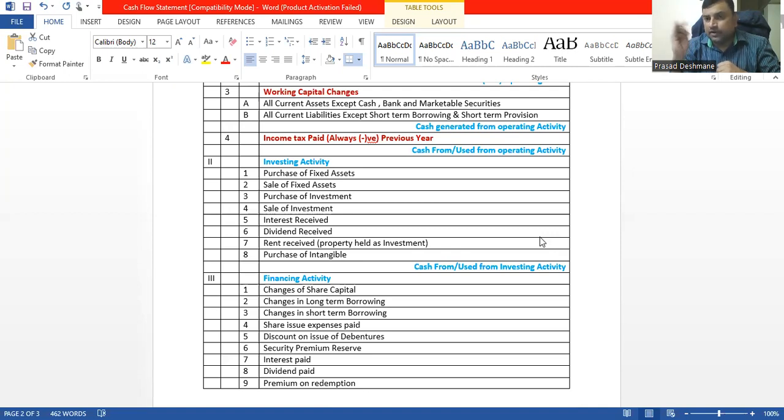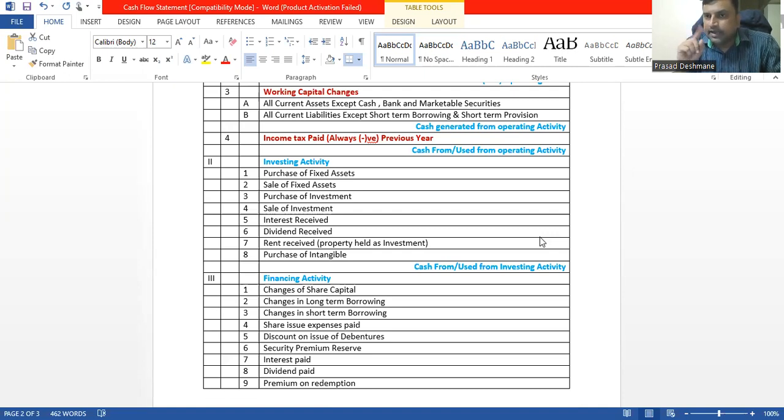Or we receive interest from investment, we receive dividend from investment, we receive rent from a property held as an investment, or we can say intangible asset also we consider in the investing activity, because in PPE there are two things coming, tangible and intangible. But tangible, buying and selling both we record in the investing, but intangible, we record only buying.